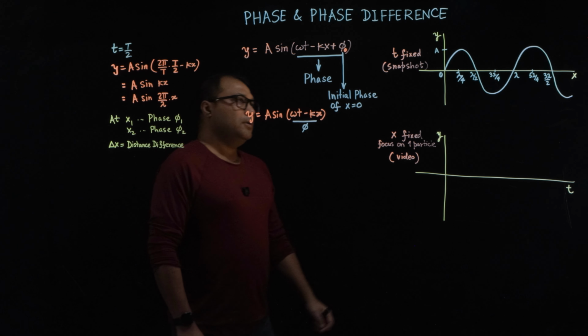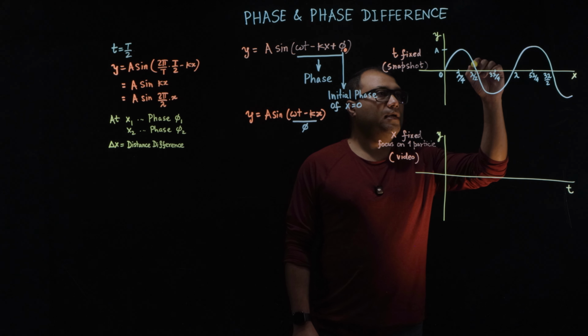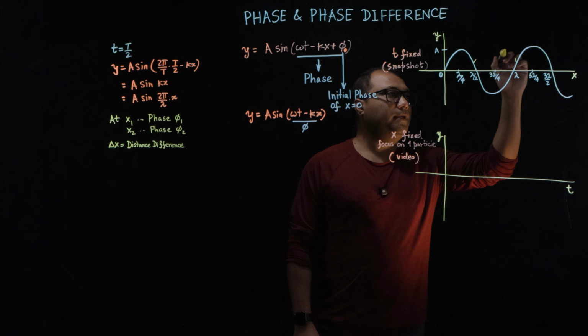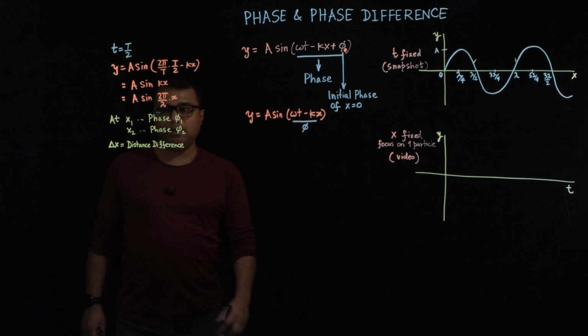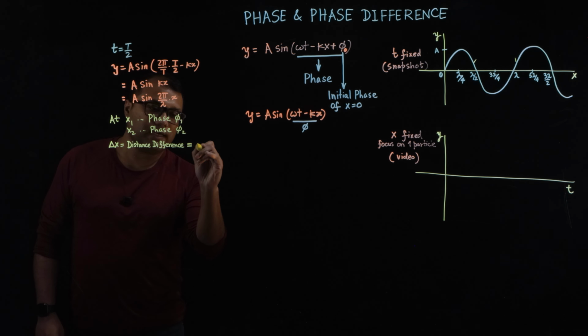If I am considering a point here, another point here, this is the distance difference. So distance difference is x2 minus x1.